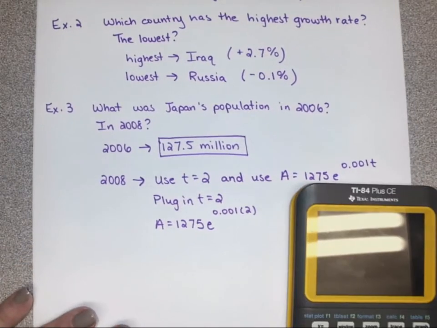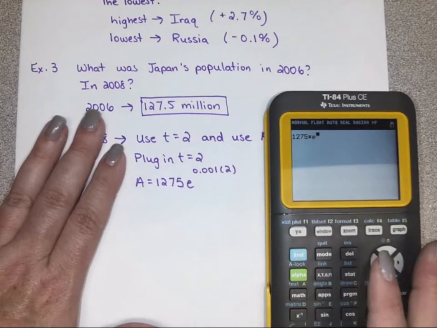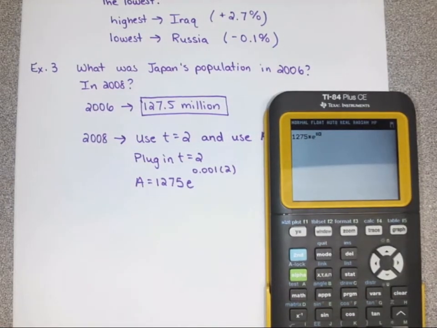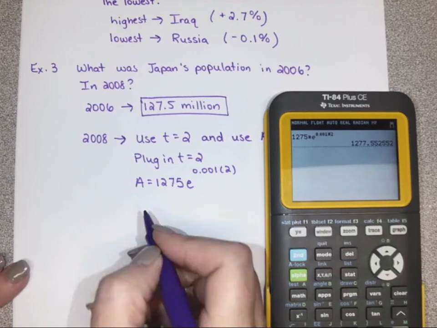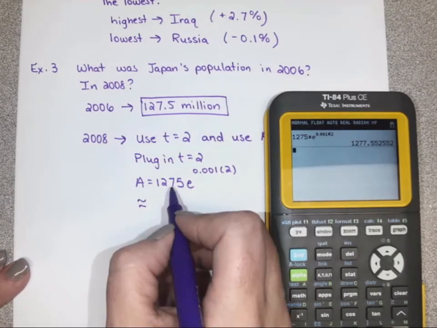So your calculator can handle this, so you would just do 127.5 times e raised to the 0.001 times 2. Okay, if you have an older calculator that doesn't open up an exponent box like mine just did here, then you need to put parentheses around the whole exponent, like the 2-part exponent. But you should get right around, and we'll just round this to the nearest 2 decimal places.